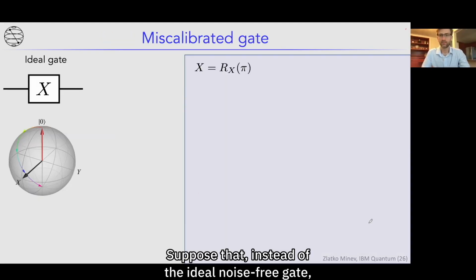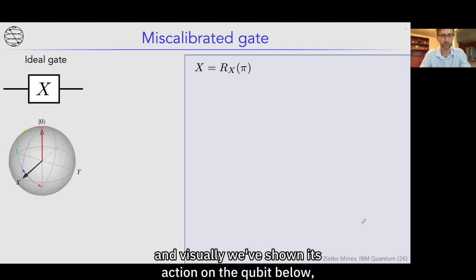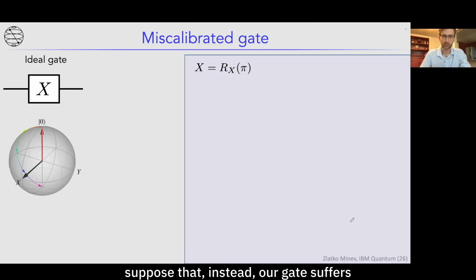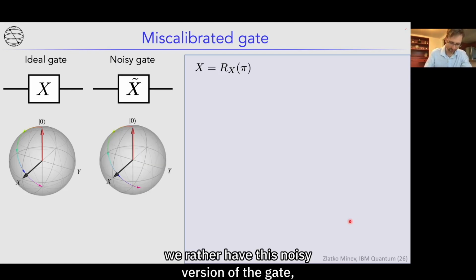Suppose that instead of the ideal noise-free gate, which we denoted by X here on the left, and visually we've shown its action on the qubit below, suppose that instead our gate suffers from a very common coherent error of over-rotation, meaning that instead of our ideal gate, we rather have this noisy version of the gate.